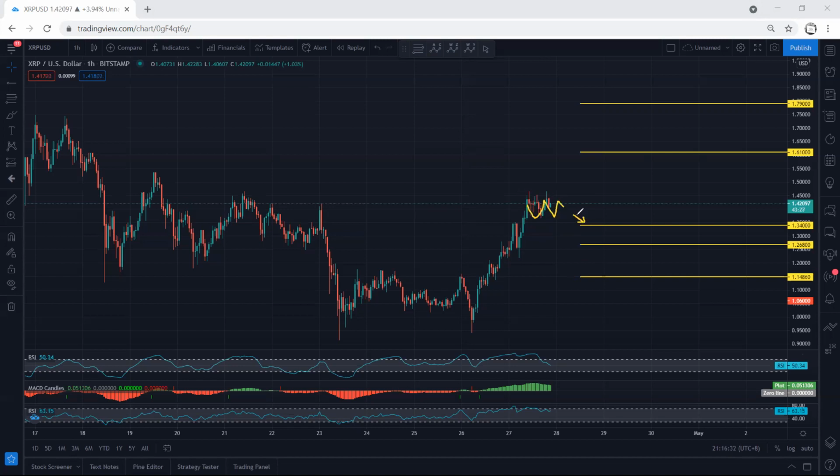If this turns into a bigger correction, the first level I'm looking for is 1.34, followed by 1.268. That means if the correction turns into a deeper correction, from any of these levels, if it takes any reversal, I will look for buying. It doesn't mean the price has to drop to these levels before we look for buy. I mentioned that if this turns into a deeper correction, I will look at these levels.